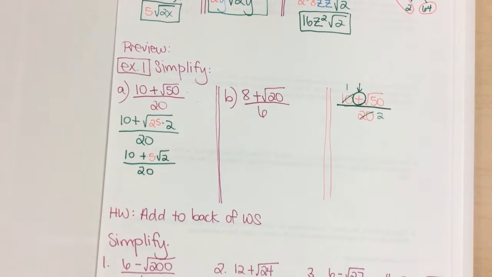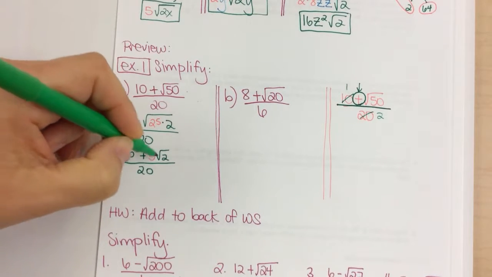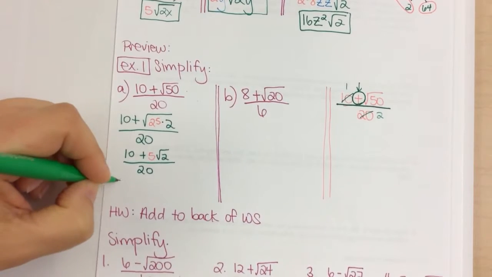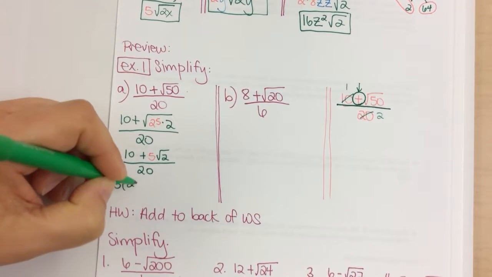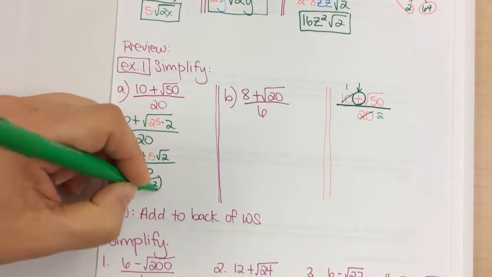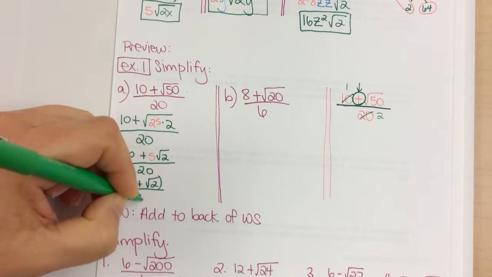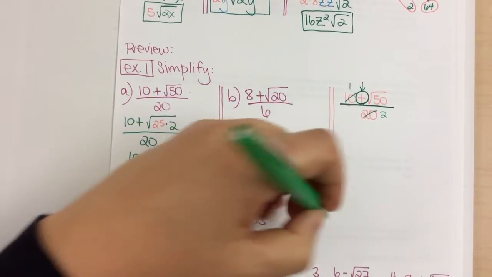Okay? I don't think I gave myself enough space, but I'll make it work. All right. Now, the numerator has a common factor. These numbers that are not under the radical, I can take a 5 out. And then I'm left with, when I take a 5 out of 10, I'm left with 2 plus a 1, right? There's an invisible 1 in front, over 20.